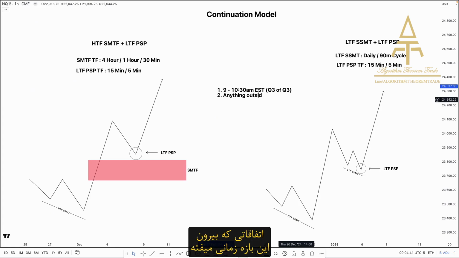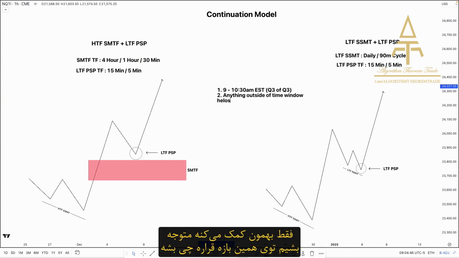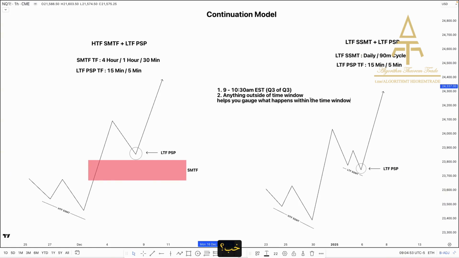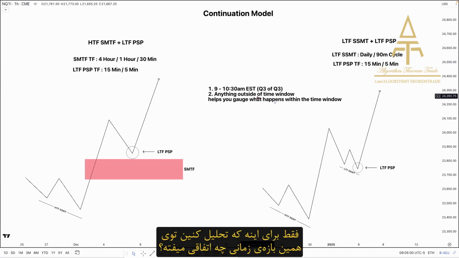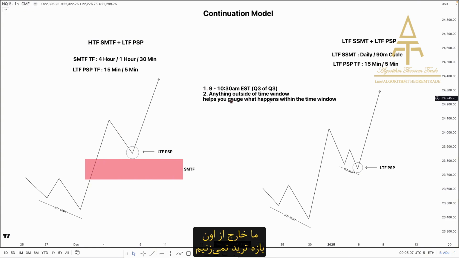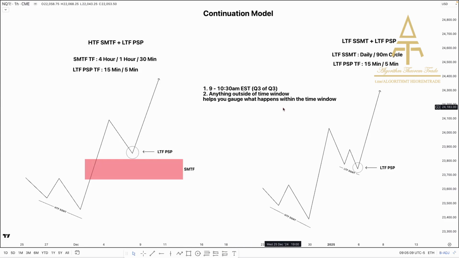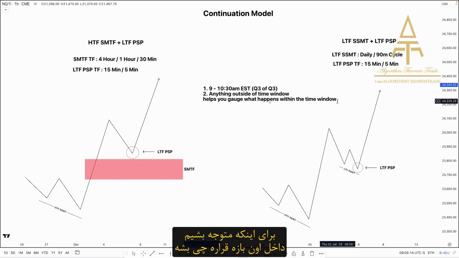Anything outside of the time window helps you gauge what happens within the time window, okay? So anything that happens outside of 9 to 10:30 a.m. EST is only there to give you information on what will happen within the time window. So we're not trading outside of the time window. We only use the information we get from it to gauge what will happen within that time window.